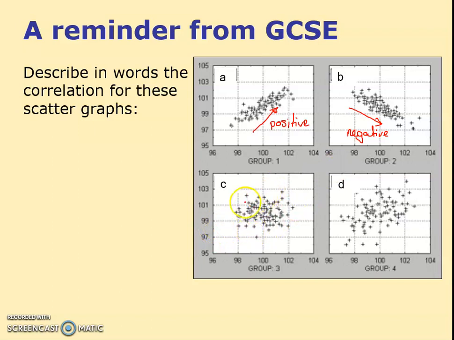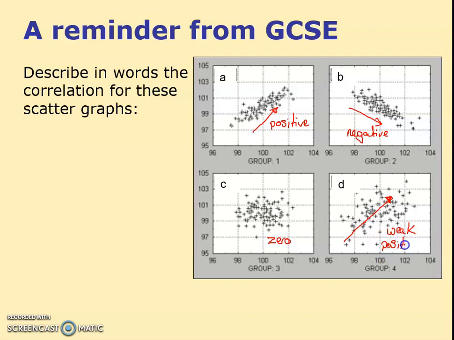Now this one is all higgledy-piggledy, so I would describe this as having zero correlation, or perhaps no correlation. This one, well, I think it vaguely is going upwards, but it's not very strong correlation. So I would say this is weak positive correlation.